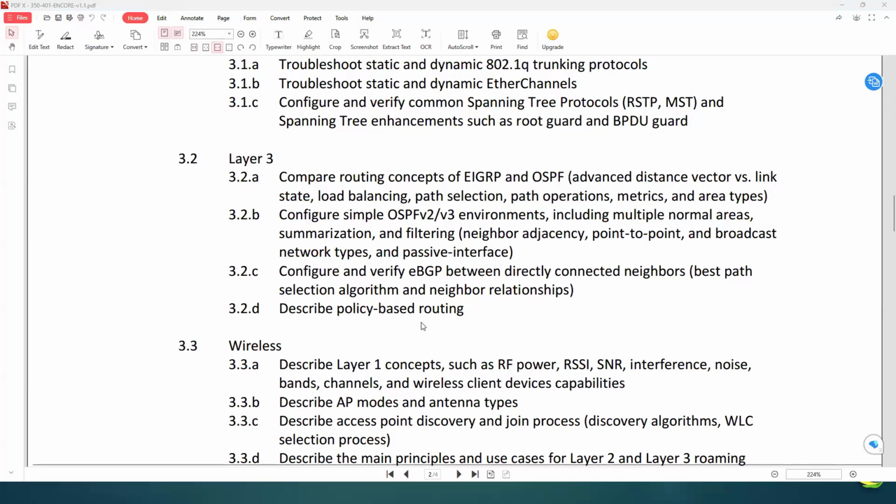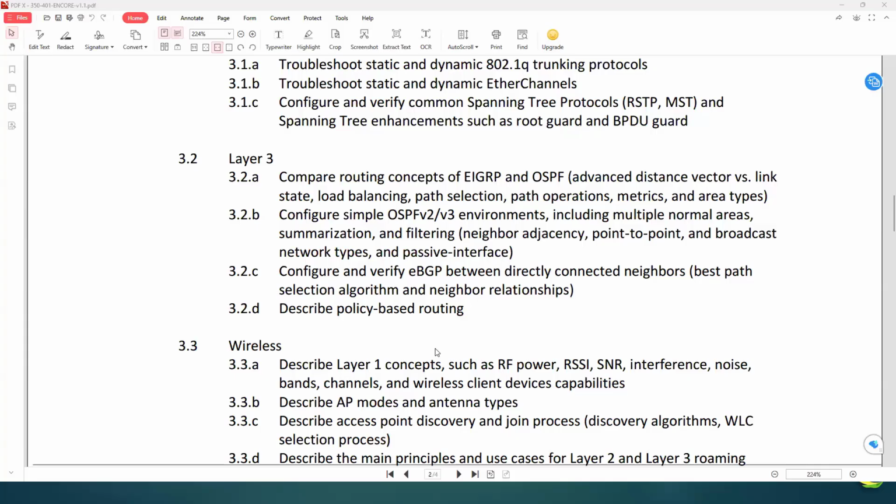So in traditional routing, we always use the destination IP address to decide where to send the packet next. But in PBR, we can decide by many things in an IP packet, like source IP, destination IP, source port number, destination port number, which protocol is being used. Are there any special markings in the packet, QoS markings or IP header markings, any type of service marking, or is it a specific type of packet, like a TCP SYN or SYN-ACK?